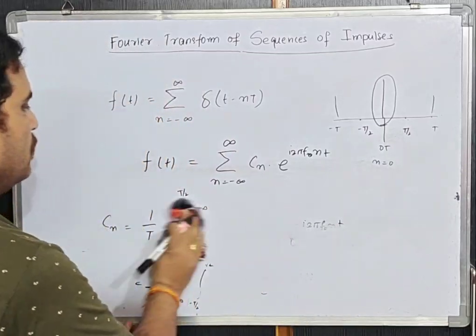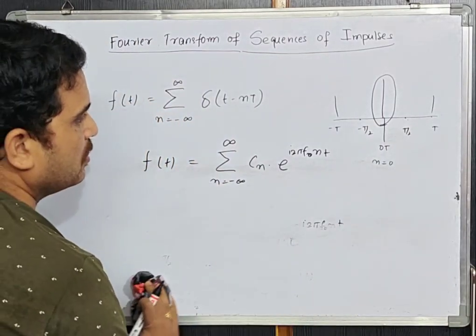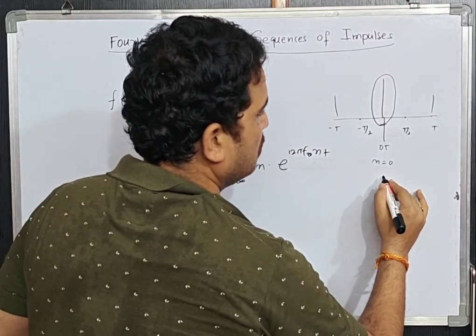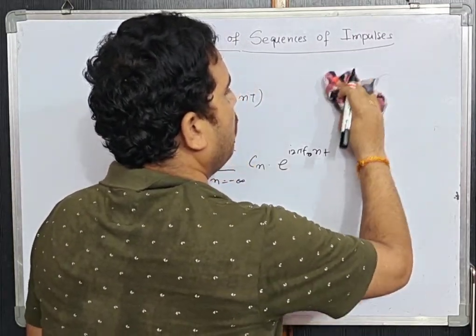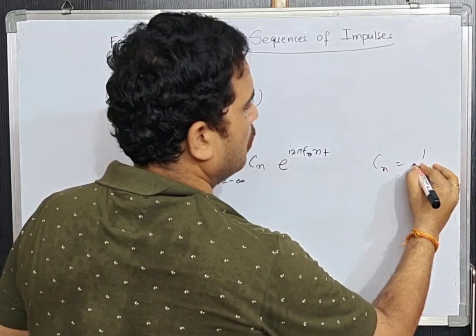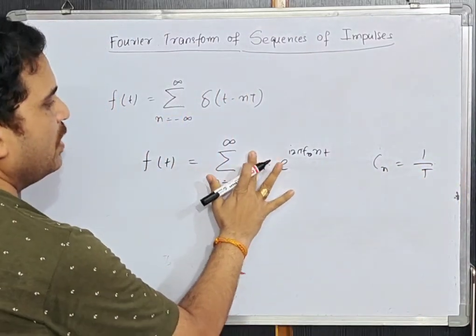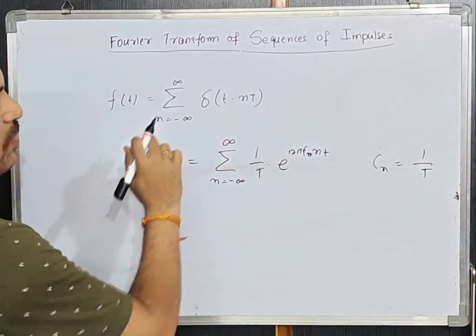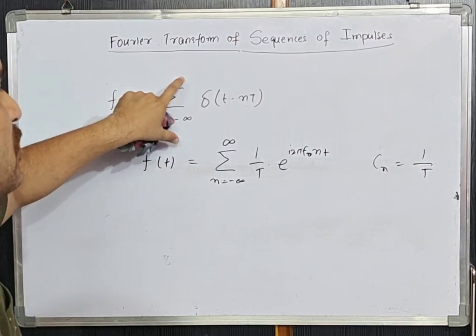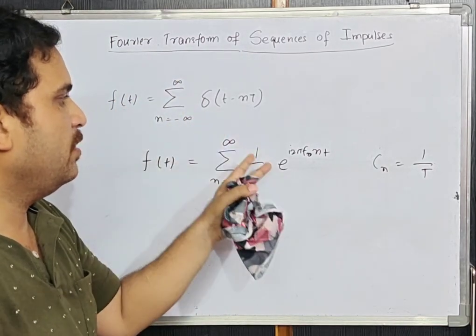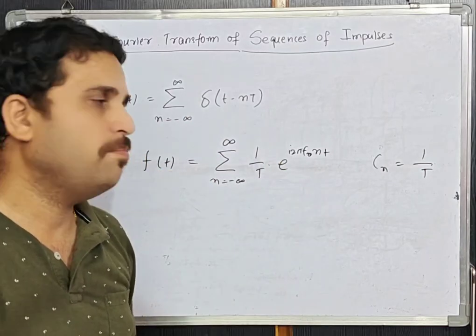So what we have obtained is Cn is equal to 1 by T. So we can replace this with 1 by T for this particular function. So instead of writing this function, I can write this sum when n goes from minus to plus infinity, and this is equal to the sequence of impulses.